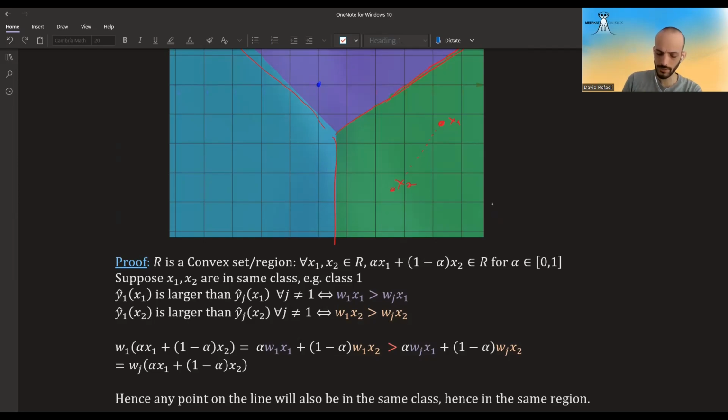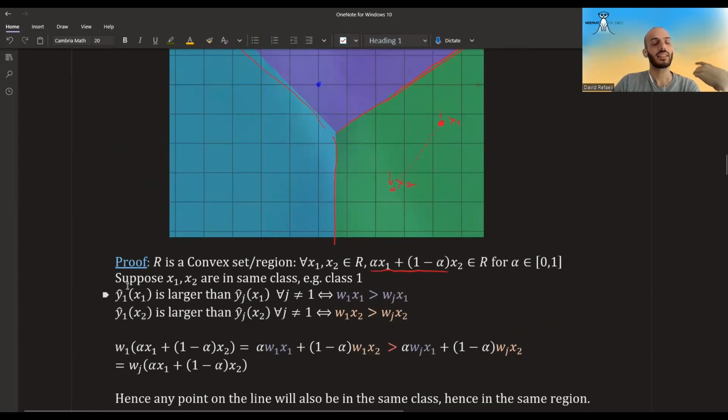Mathematically we write it like this. Alpha can be between 0 and 1. If alpha is 1, we are at x1. If alpha is 0, we are at this point. And as we move alpha from 0 to 1, or from 1 to 0, we are getting all these other points here. Okay. And so suppose that we have two points and they are in the same region.